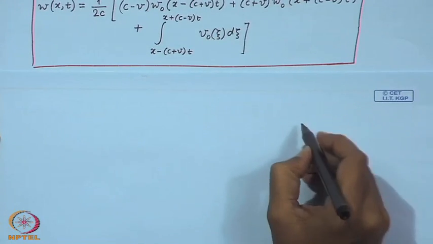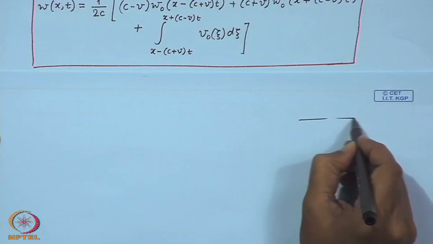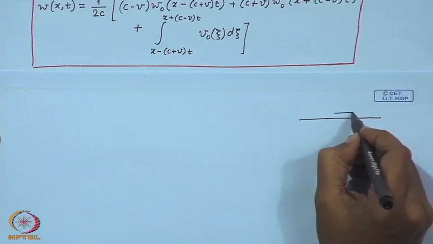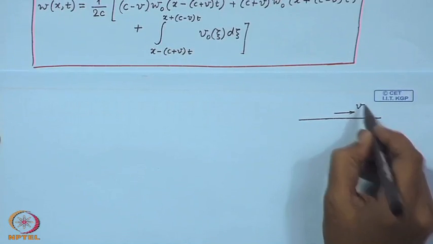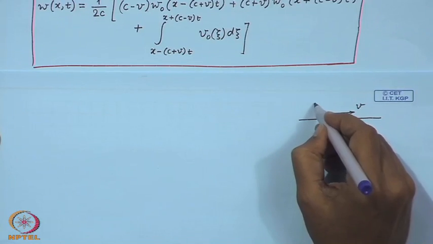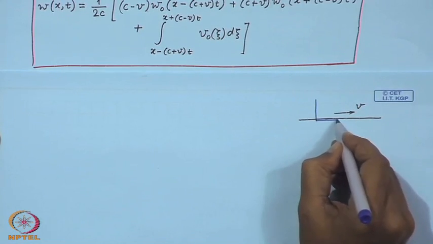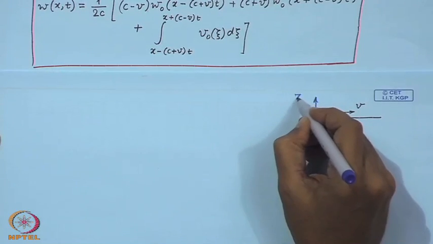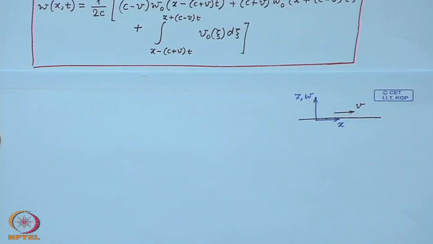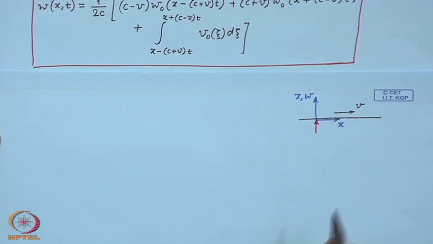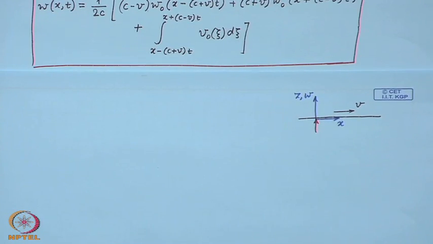Consider a travelling string which is given an impulse at x equal to 0.